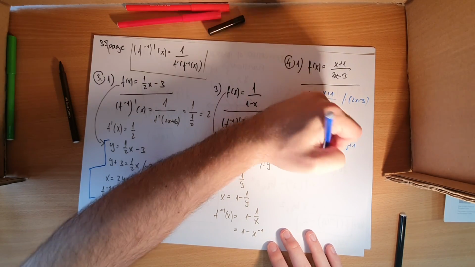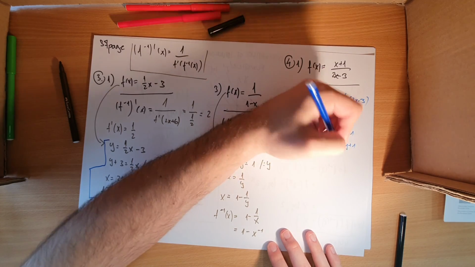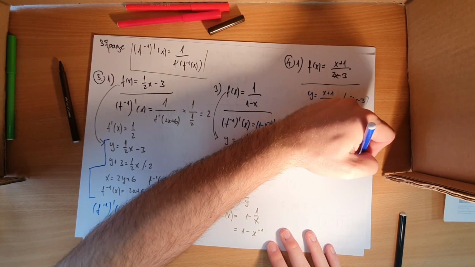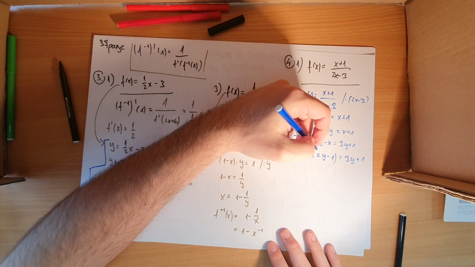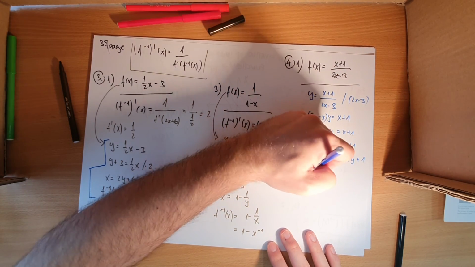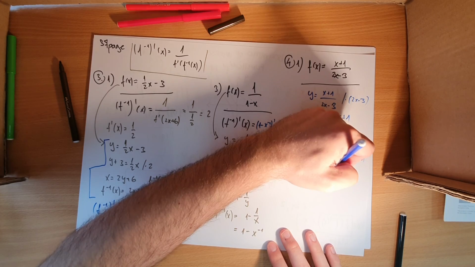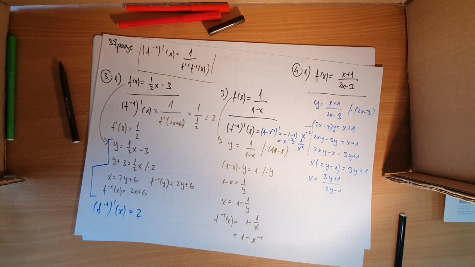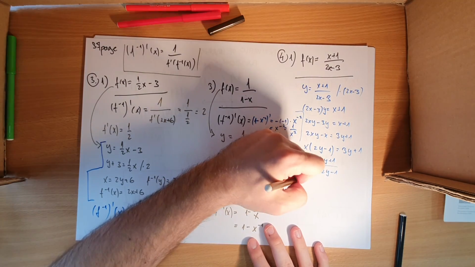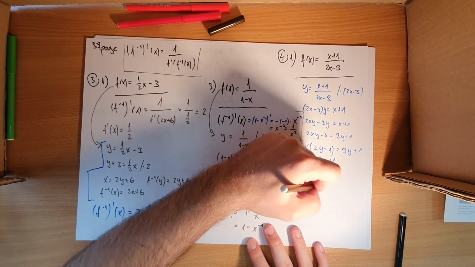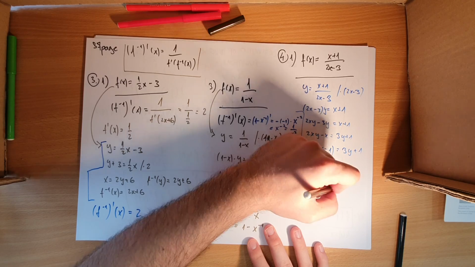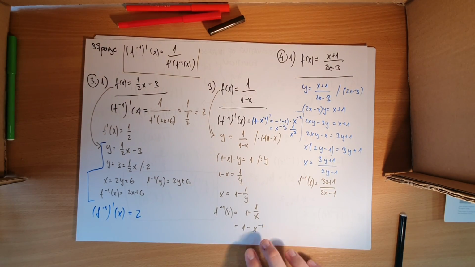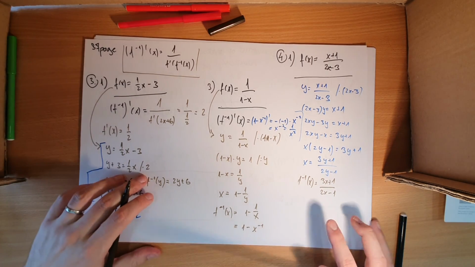Extract the x, which means that x is multiplied by 2y minus 1, and it is 3y plus 1, divide with 2y minus 1, and x is equal to 3y plus 1 over 2y minus 1, which means that the inverse function is 3x plus 1 over 2x minus 1. Now we have to find its derivative.